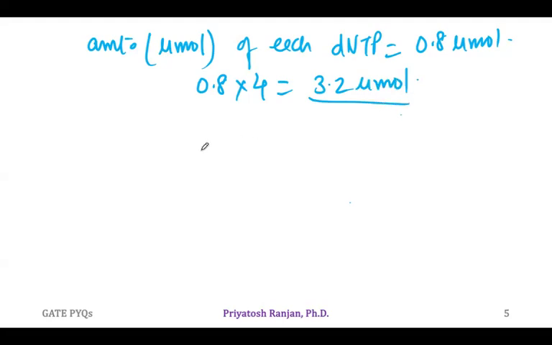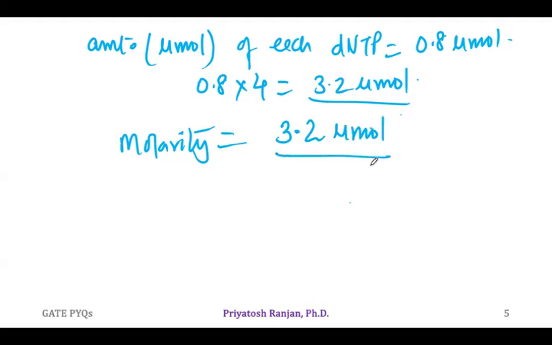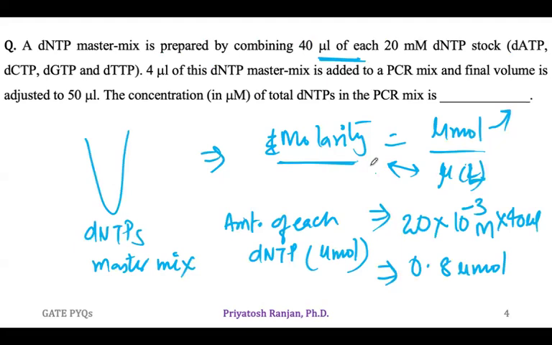I need to calculate the concentration. So I have calculated the numerator part. So if I have to calculate, let's say, molarity, which is moles, I can rewrite as 3.2 micromole per microliter. How much is the volume? Remember, for each dNTP, I'm adding 40.